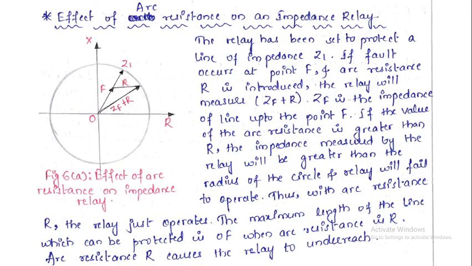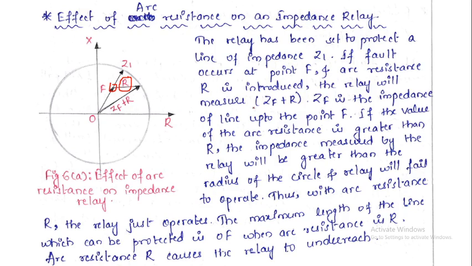If a fault occurs at a point F, say the fault has occurred here at location F, an arc will be introduced because of this earth fault, and that arc resistance we are measuring as R. So this R is introduced into the fault path.